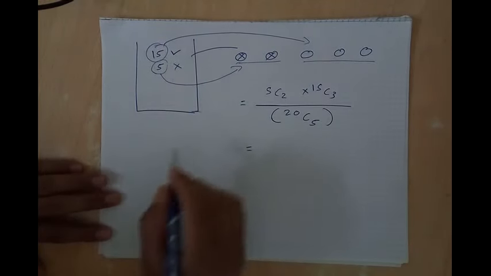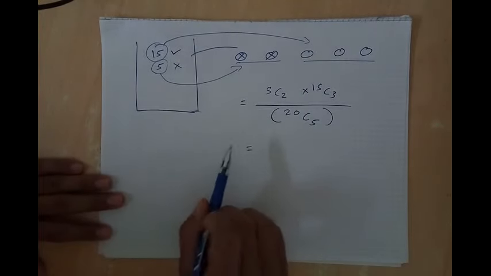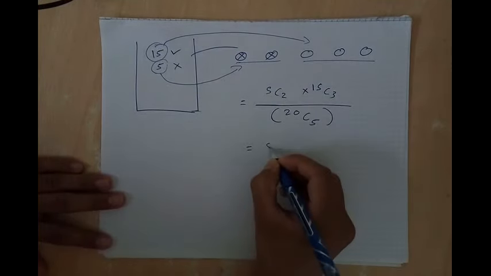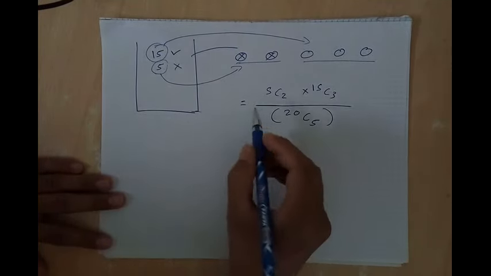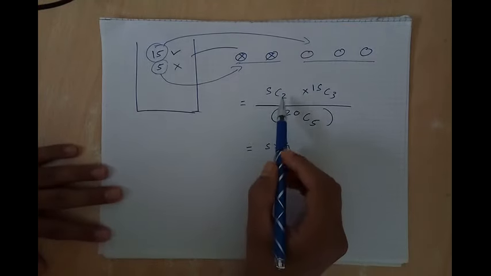Now we have to just calculate this expression to evaluate our answer. Now 5C2 is 5 times 4, where we reduce the number by 1, so it is 4.